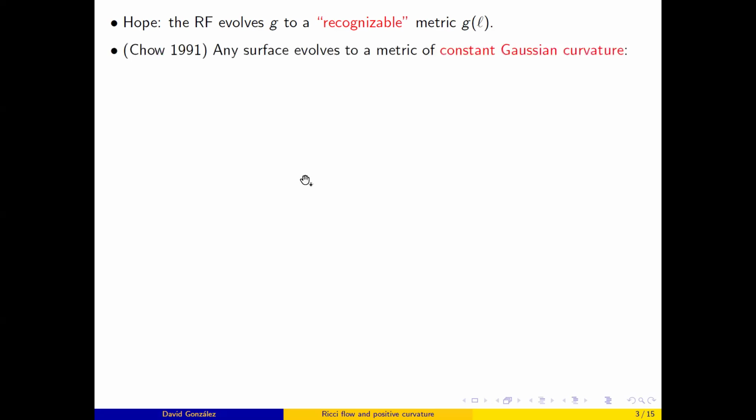A way to recognize a metric is in terms of curvature, for example. There is this theorem of Hamilton that if you start with a surface, then the Ricci flow will evolve it to a surface with constant Gaussian curvature, in the convergence sense.